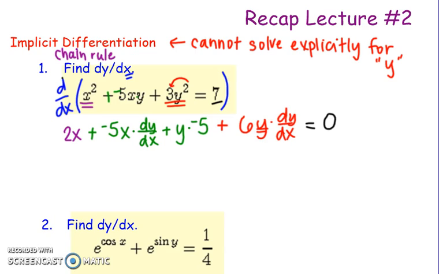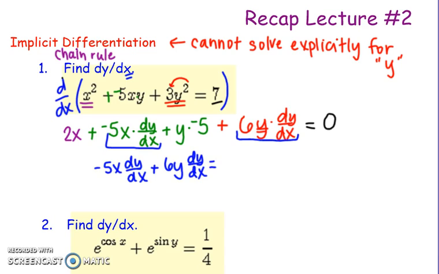So we've taken the derivative, but the question is asking us to find dy/dx. So I have a dy/dx with this term, and I have a dy/dx with this term. So I'm going to move everything that does not have a dy/dx over to the other side. So I'm going to have negative 2x plus 5y.